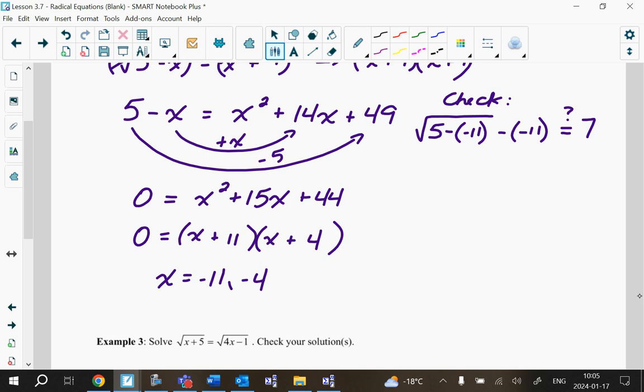Plus 11 is 15, which does not equal 7, which means negative 11 is rejected.